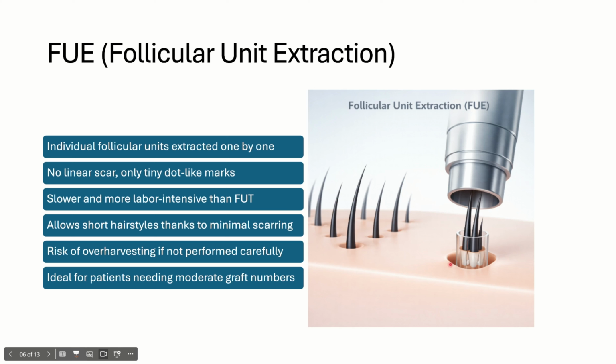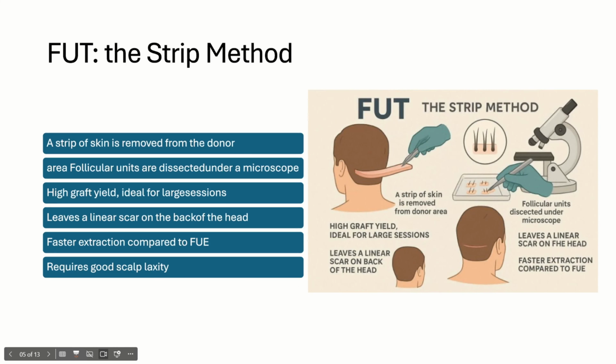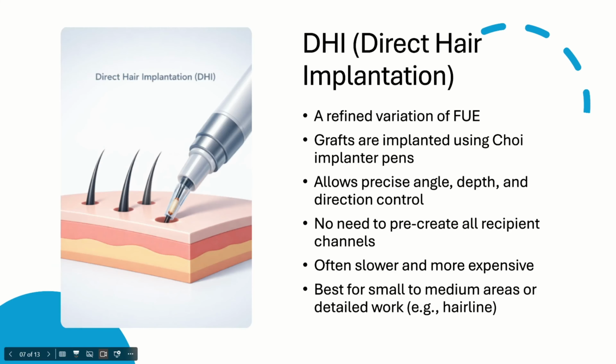There is also magnification to see the hair bulb, and we have a risk of overharvesting if it's not performed carefully. It's ideal for patients that need moderate graft numbers. FUT is usually used when we have to cover a lot of area that needs to receive hair.